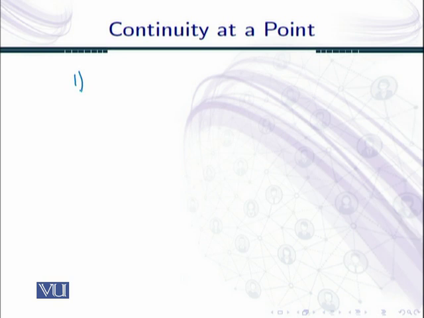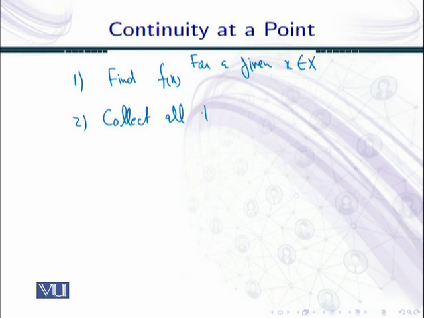Number one, so basically this is a stepwise working. If I want to check the continuity of a function at some point of the domain, the first thing you have to do is, for a given x belonging to X, find f of x. Then you have to collect all the open subsets of Y containing f of x.